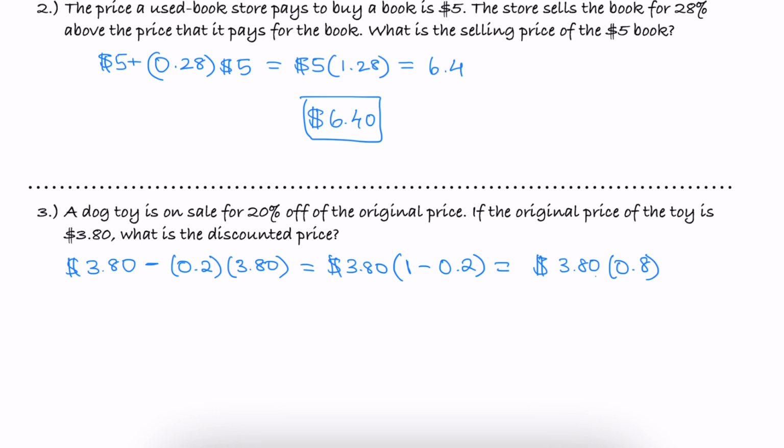So that's what this is, $3.80 times 0.8. That's going to give you the selling price. And once you multiply that out, you're going to get a total of $3.04 is the selling price of the dog toy.